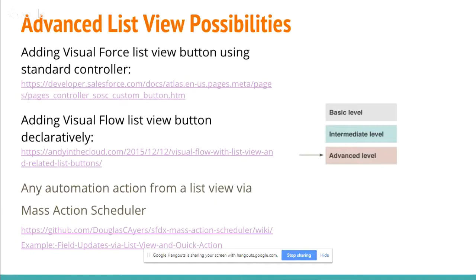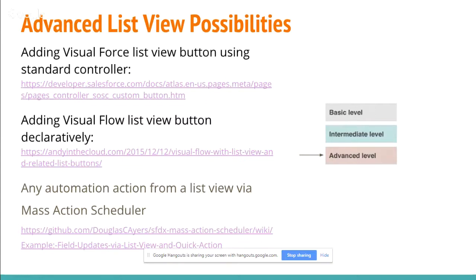This is a solution to a lot of problems. So, for example, let's say I have a flow that takes care of a certain type of lead in our database. And I have a list view that defines those leads. And what I want is every day that flow to be run on those particular leads. I can make that happen now.